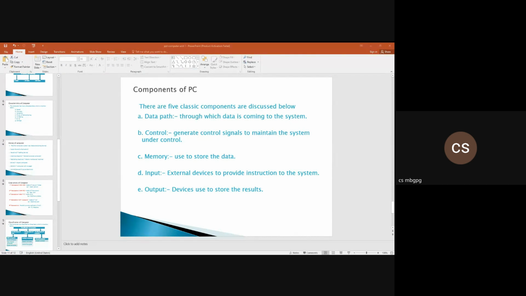So every time the swap in and swap out concept is on. This work is done by your dispatcher. When the data and information is kept in the memory, the CPU can access it much more quickly.